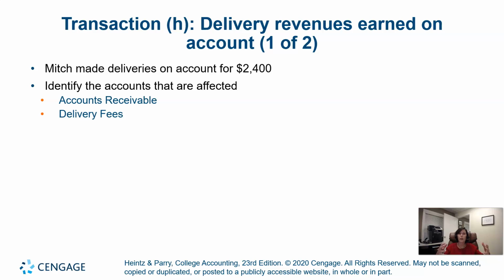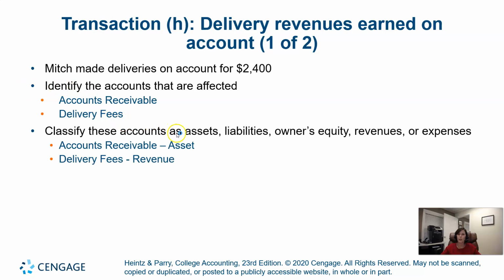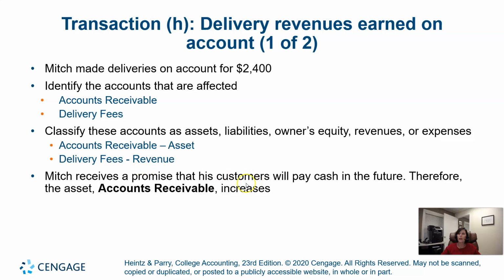If you can think about accounts receivable as something we are entitled to receive versus accounts payable, which is something we owe, and try to keep those separate, with accounts receivable being an asset and accounts payable being a liability, hopefully that will make it easier going forward to remember the difference. So our accounts receivable is an asset and our delivery fees is revenue.